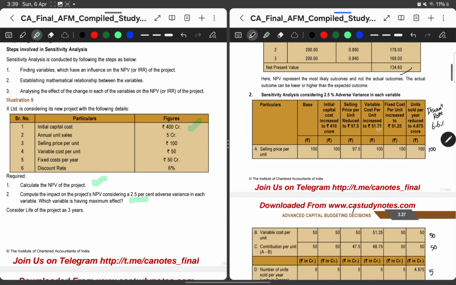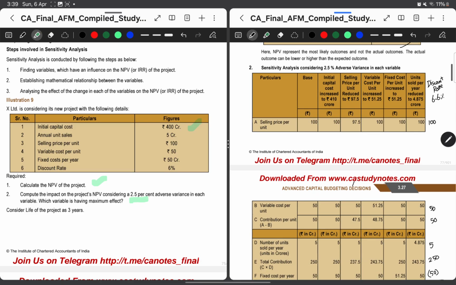Now going on to the selling price. If the selling price reduces, that is the adverse variance. If I reduce it by 2.5%, then my selling price per unit will become 97.5. Here you should not consider total selling price because the variables which they have given are per unit, so we should also take per unit and then do the sum.